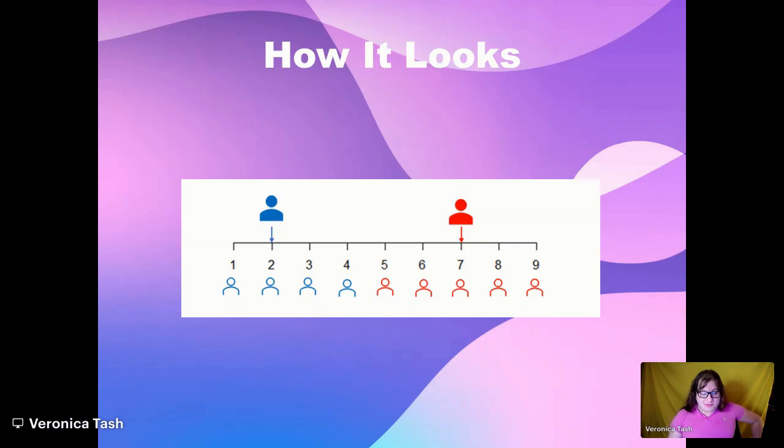Now, how does it look? This is something I nabbed online. You have simply 9 voters in this case, once again lined up left to right. Democratic Party candidate takes position at 2.